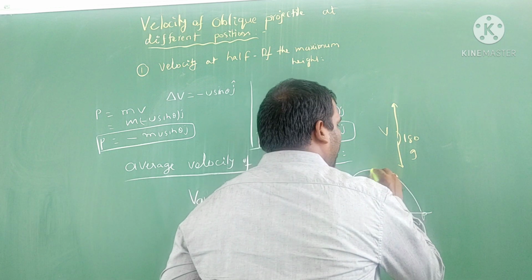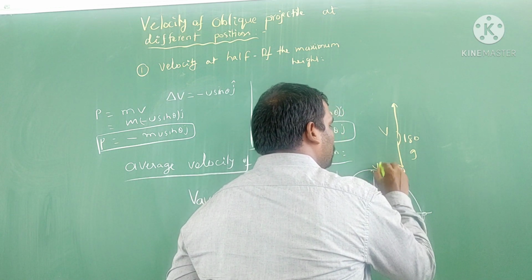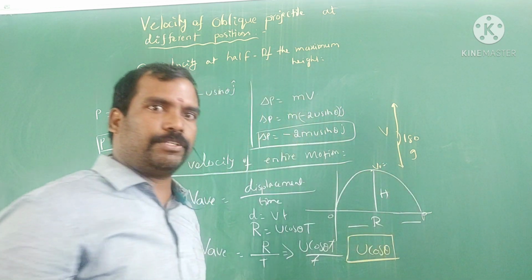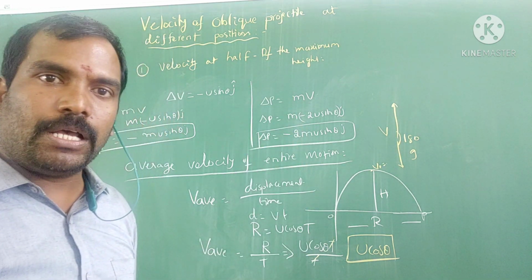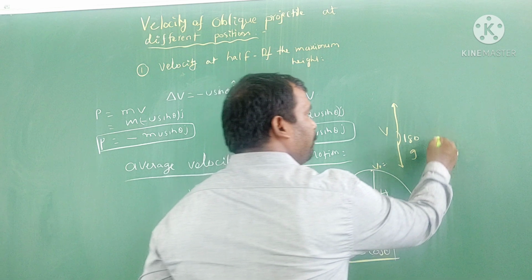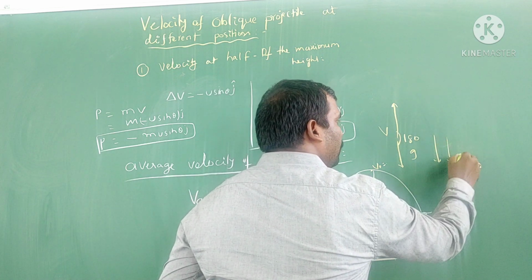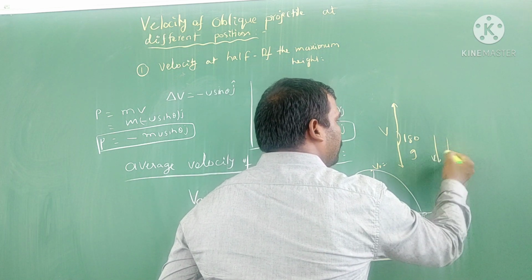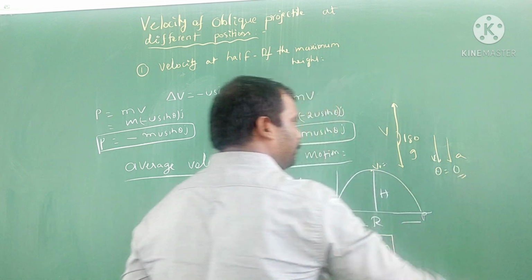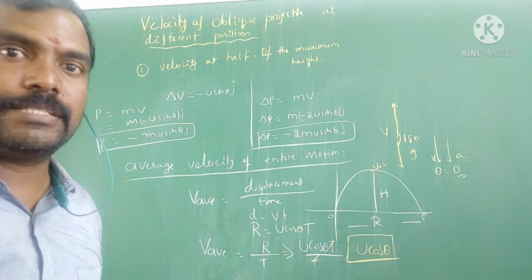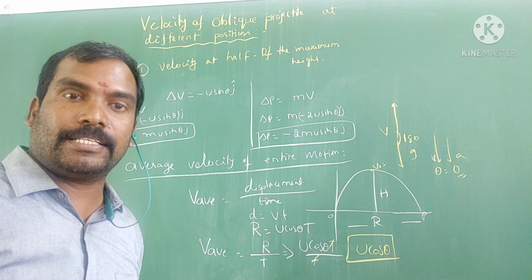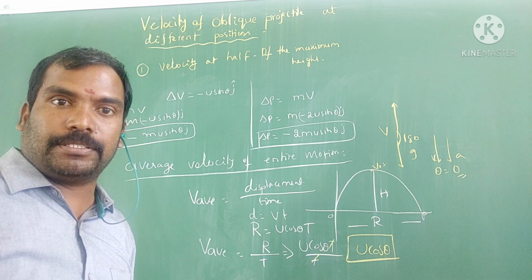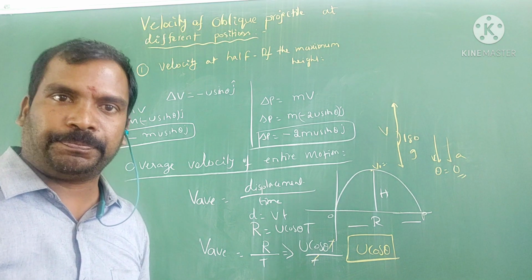That's why at maximum height the vertical velocity is 0. But while coming down, velocity increases. At that time, velocity is downward and acceleration is also downward. Then theta is equal to 0. Velocity decreases means the angle between them is 180 degrees. Velocity increases means the angle between them is 0 degrees.